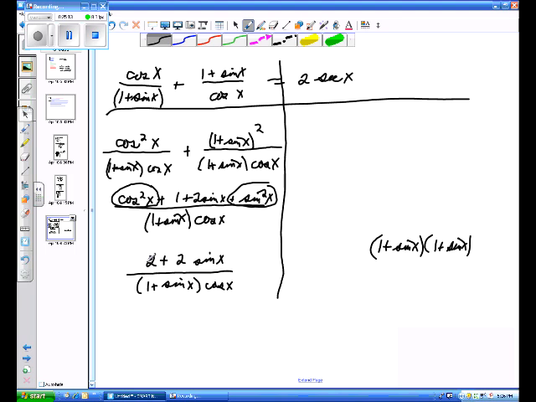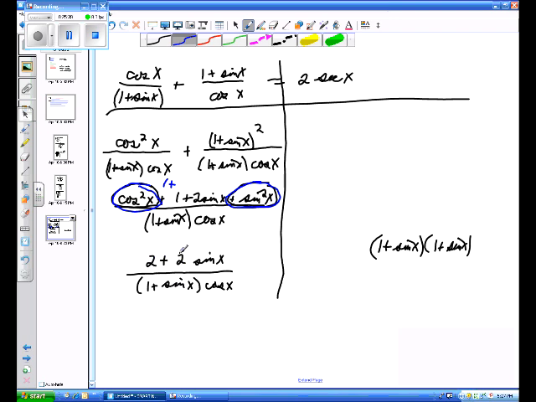Now again, what I did was I said that the cosine squared plus sine squared is equal to 1. And so I had my 1 plus 1 plus 2 sine x. So that gave me 2 plus 2 sine x.